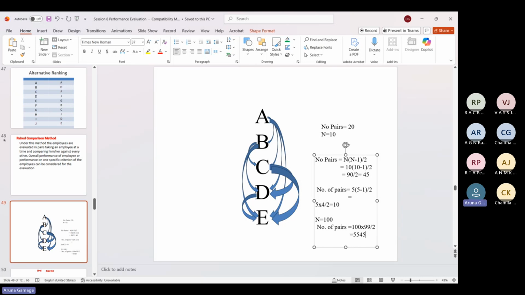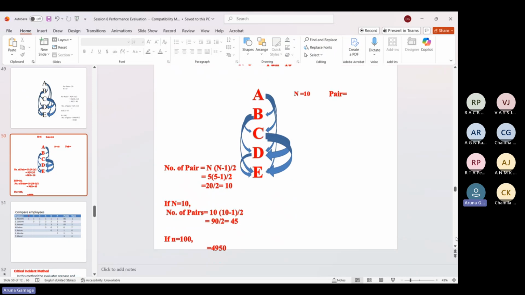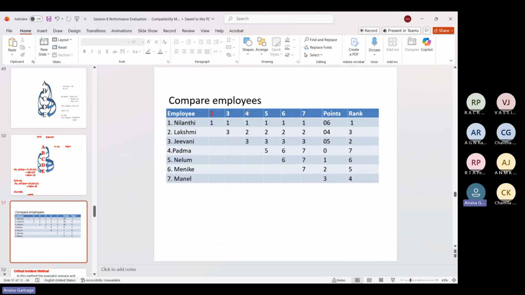So this is paired comparison. Shall we take another example? Suppose this is the evaluation of 7 employees by one of the evaluators. These employees are Nilanti, Lakshmi, Jeevani, Padma, Nelum, Manike, Mane. So their labels are 1, 2, 3, 4, 5, 6, 7.